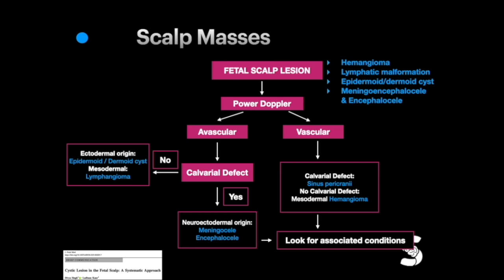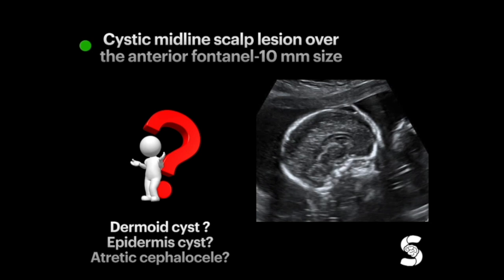This is based on initial identification of the presence or absence of vascularity in the scalp lesion. The next step is to look for an underlying calvarial defect suggesting intracranial communication. Perinatologists referred a case of fetal cystic scalp lesion with a list of these differentials.